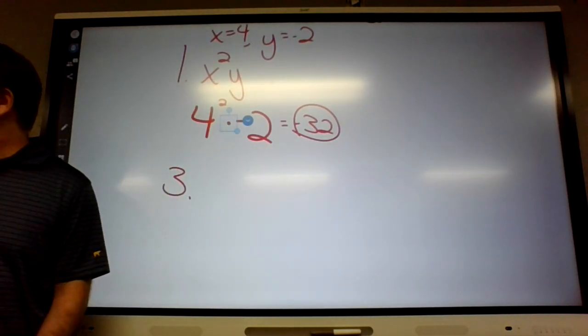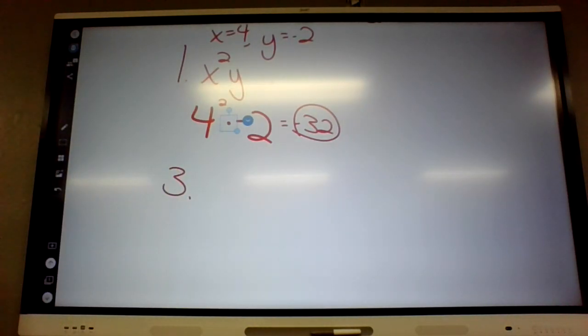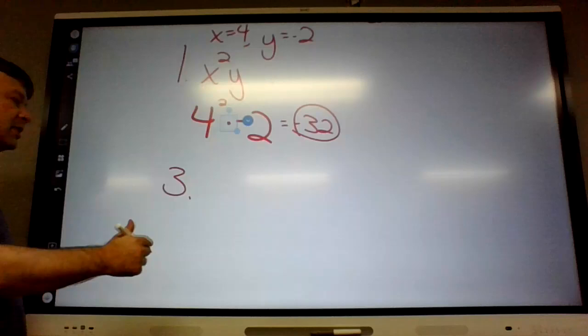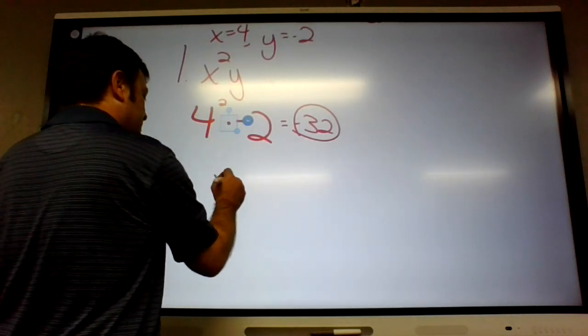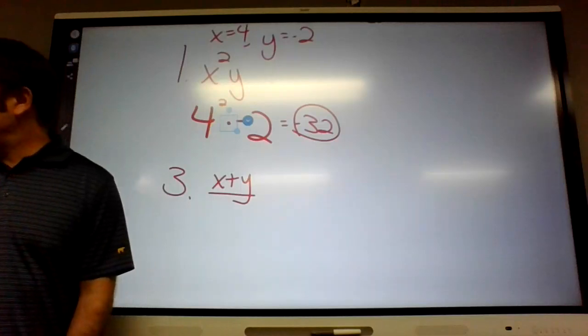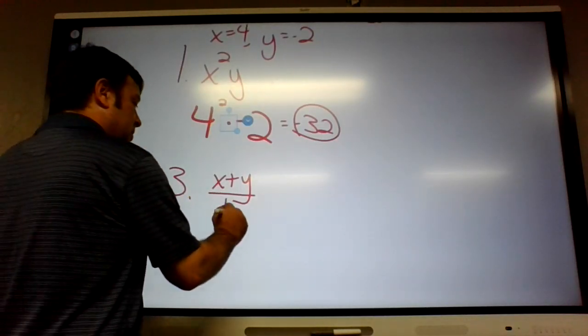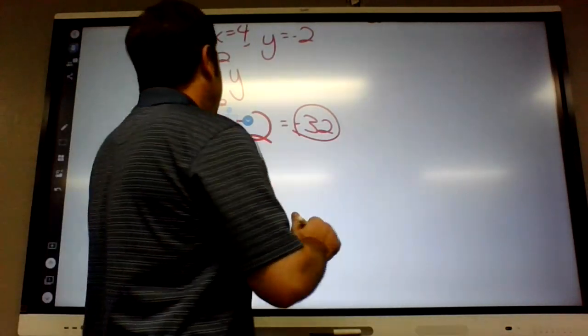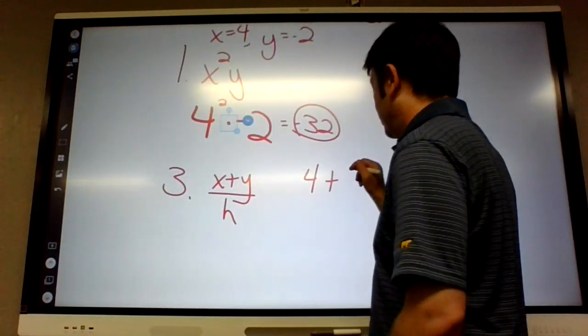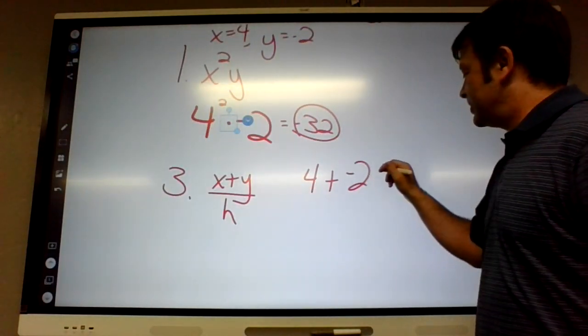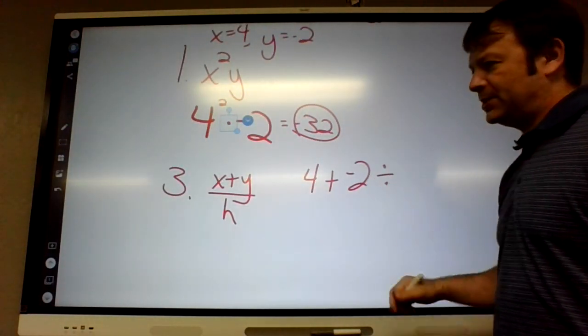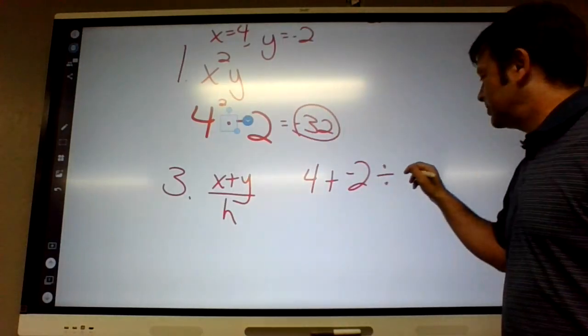Number 3 says x plus y over h. So x is still 4, and y is still negative 2, and h is negative 1, I think.